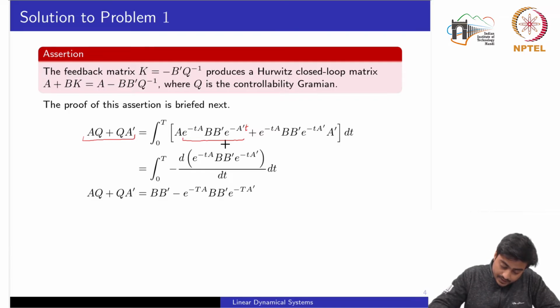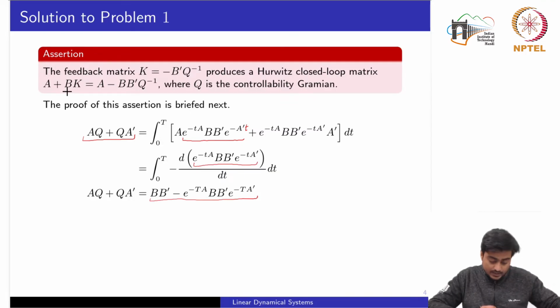Now if we see this integrand, we can express it as the derivative of this quadratic form, which is being integrated from 0 to T. Solving this definite integral, we obtain this on the right hand side. But this only shows the stability of the plant itself, and we need to show the stability of the closed loop matrix.